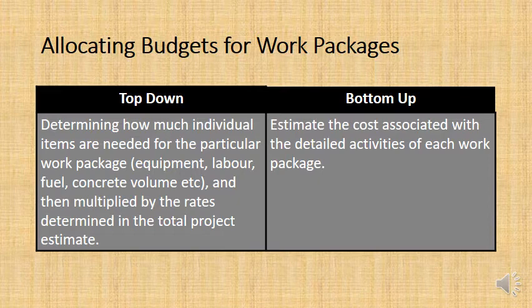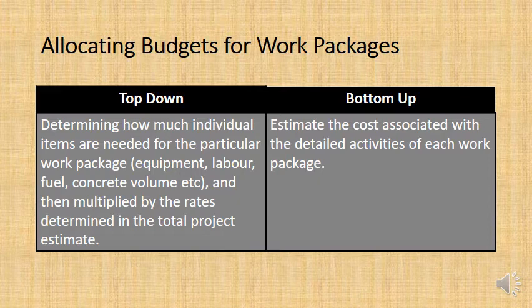So I hope you can see the difference in a top-down approach and a bottom-up approach. One has a tendency to understate the budget, and the other has the tendency to overstate the budget.